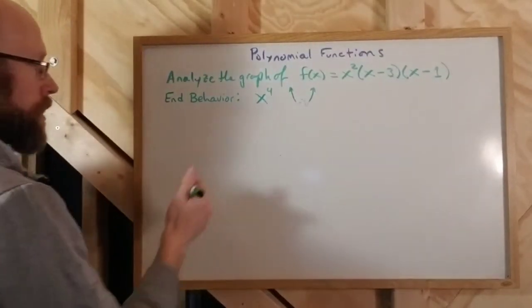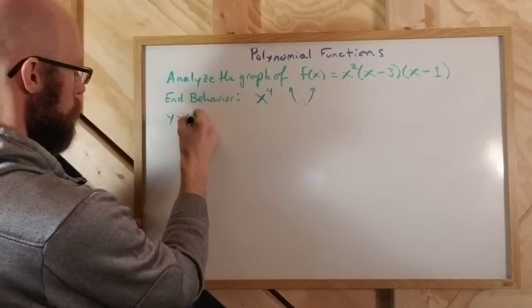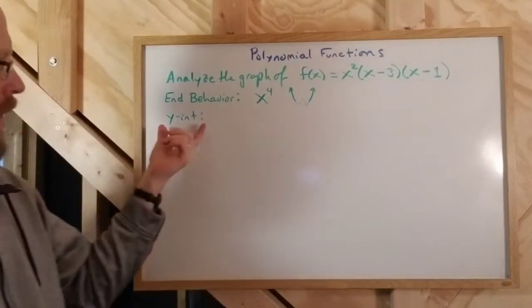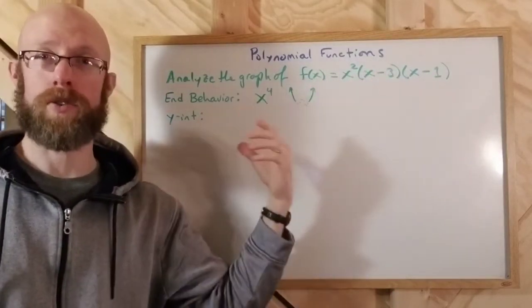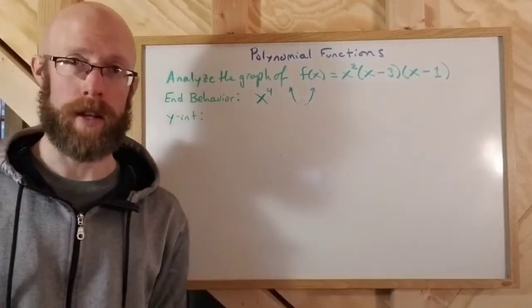All right. The next step is to find the x and y intercepts. Let's start with the y. The y-intercept, remember, is what you get when you plug in 0. It's also the constant term when your polynomial is expanded.